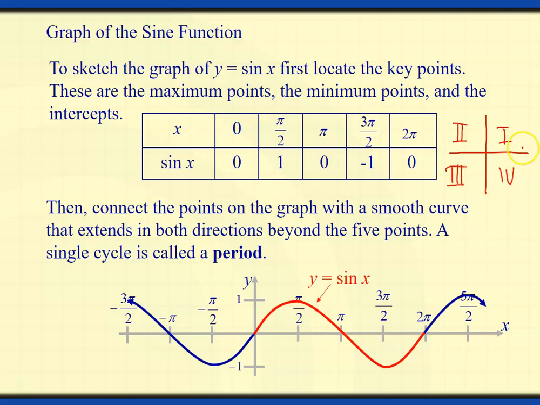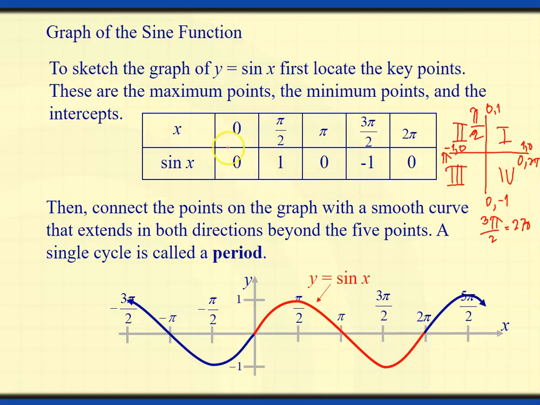We have the points (1, 0), (0, 1), (-1, 0), and (0, -1), with the values 0 and 2 pi. We have pi over 2, which is 90 degrees, pi, and then 3 pi over 2, which is 270 degrees. And then 2 pi is 360 degrees.